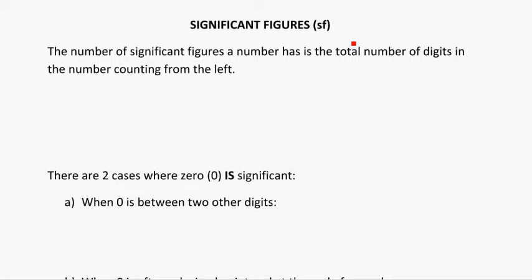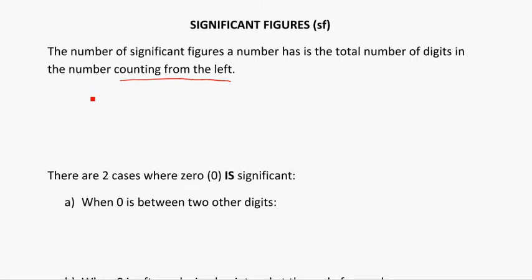Now we're going to learn about rounding to significant figures and to decimal places. But first you need to know what a significant figure is. The number of significant figures a number has is the total number of digits in the number counting from the left.